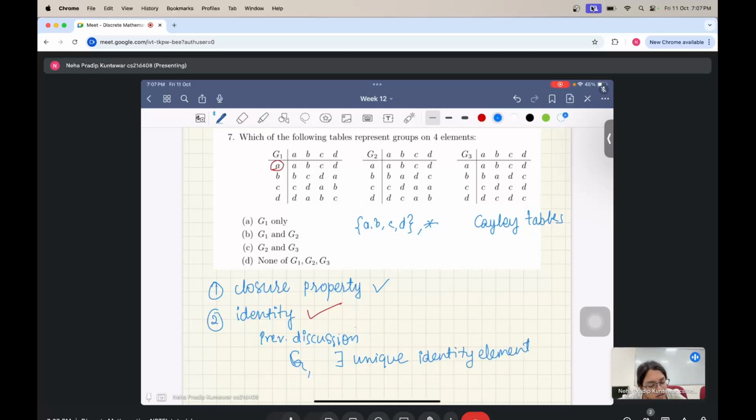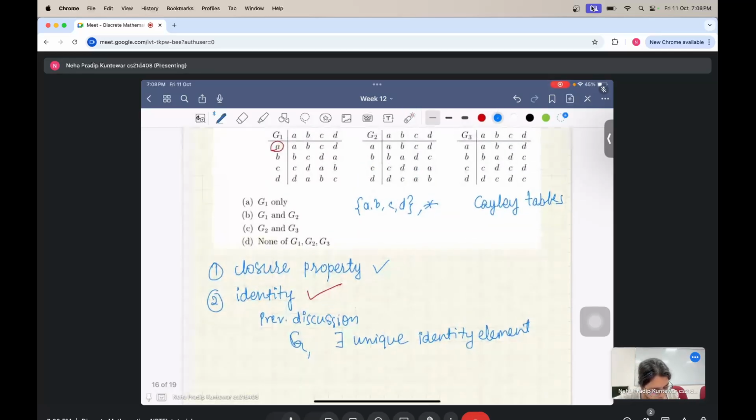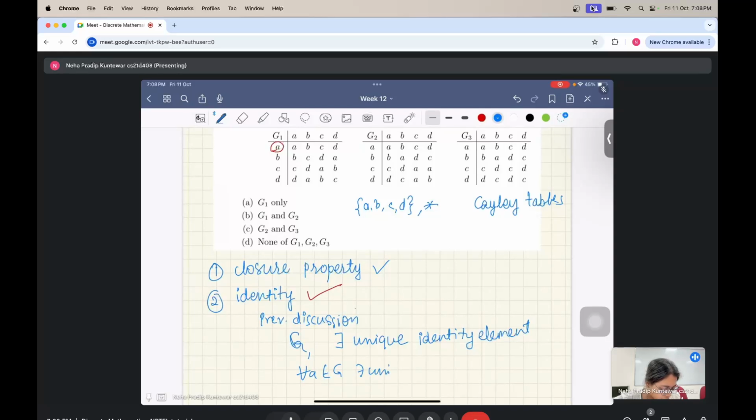So let's start with G3. And maybe I'll write the second property also: for all A in G, there is a unique inverse.